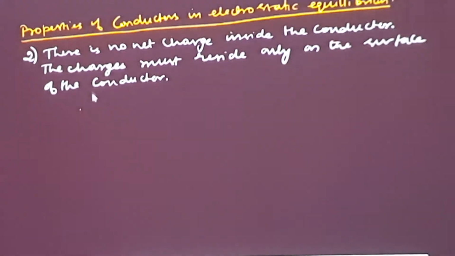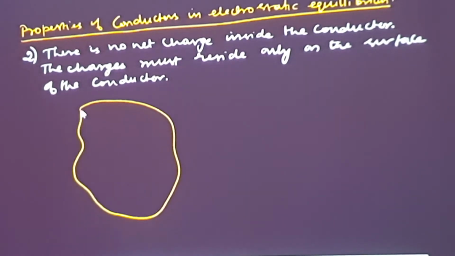In order to explain this, let us consider a metallic conductor of any shape. We are going to prove this concept, that is, there is no net charge, that is, charge Q is equal to 0 inside the conductor.